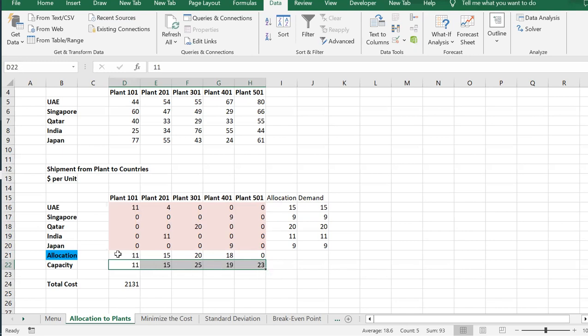It should not exceed, so nothing is exceeding, so it is within the constraints, right? So this, 2131, is the lowest cost with this combination of the allocation.